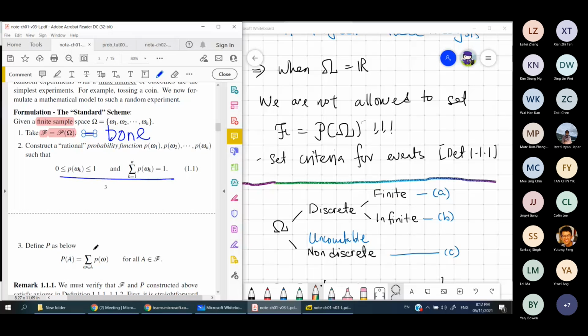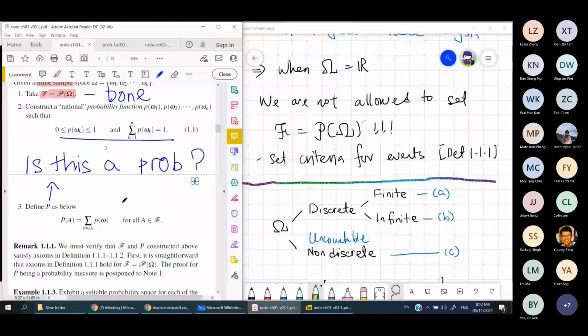And we just define our P to be this. Now we have a question. Is this a probability? In other words, does this satisfy the axioms in definition 1.1.2?